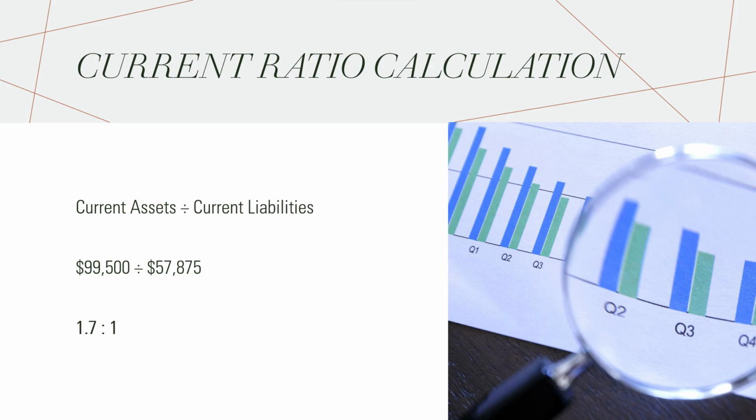So when we divide current assets by current liabilities, we get a current ratio of 1.7 to 1 as demonstrated in the formula. This implies that for each dollar of current liabilities, Alpha Company has $1.70 of current assets available. Notice that this figure is usually expressed as a ratio rather than as a percentage.